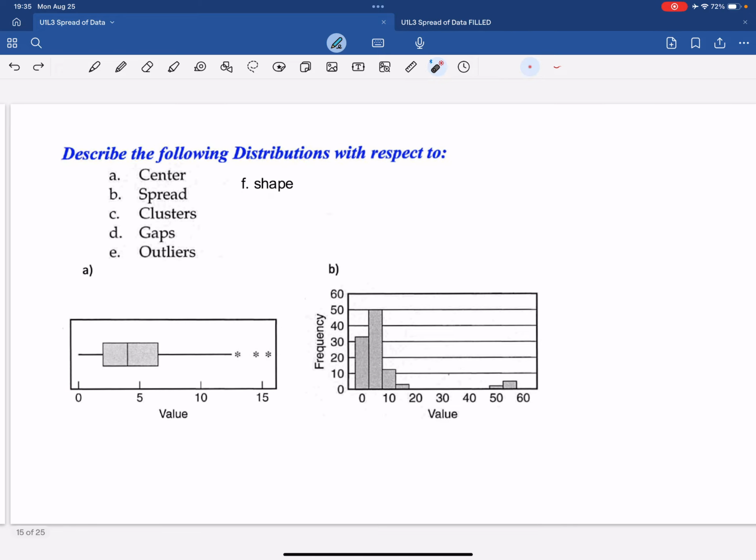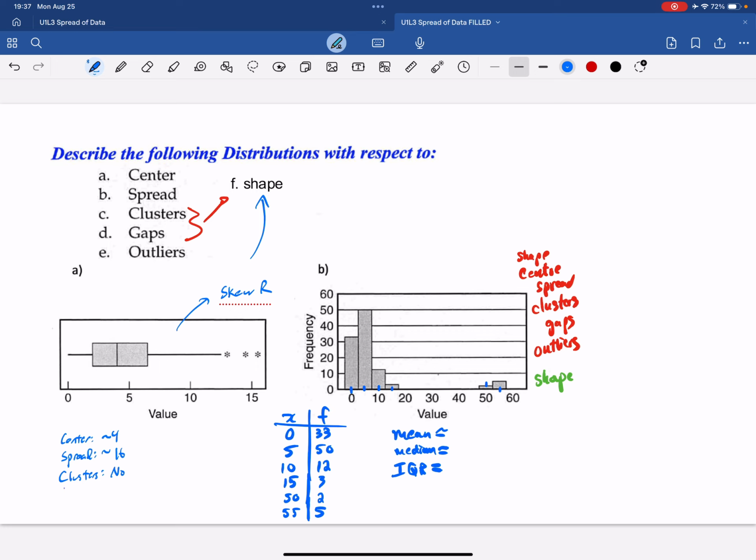Are there any clusters? I can't really determine there. So clusters, let's say no. Gaps, not significant ones, no. Outliers, there are 3 high.